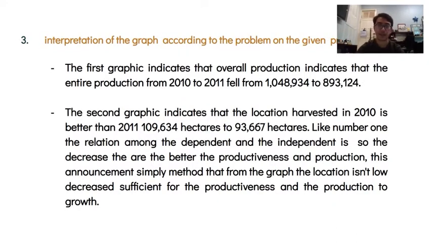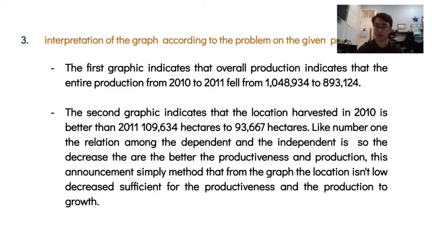The first graph indicates that the overall production from 2010 to 2011 fell from 1,048,934 to 893,124. As for the second graph, the area harvested in 2010 is larger than in 2011, falling from 109,634 hectares to 93,667 hectares.